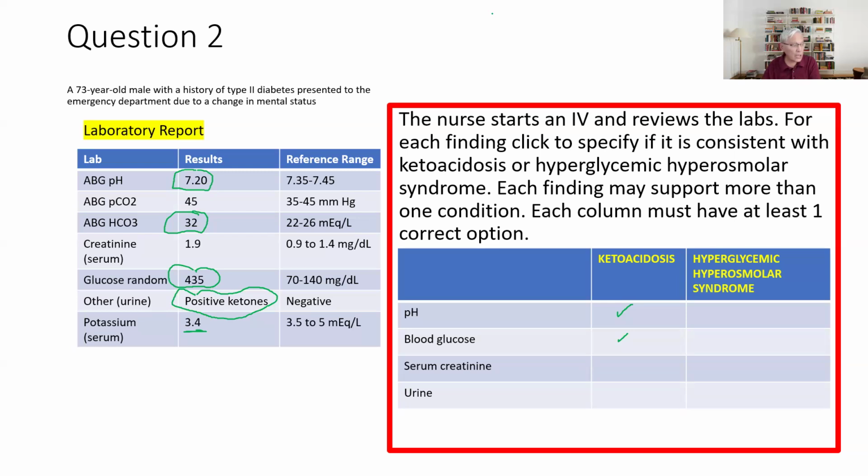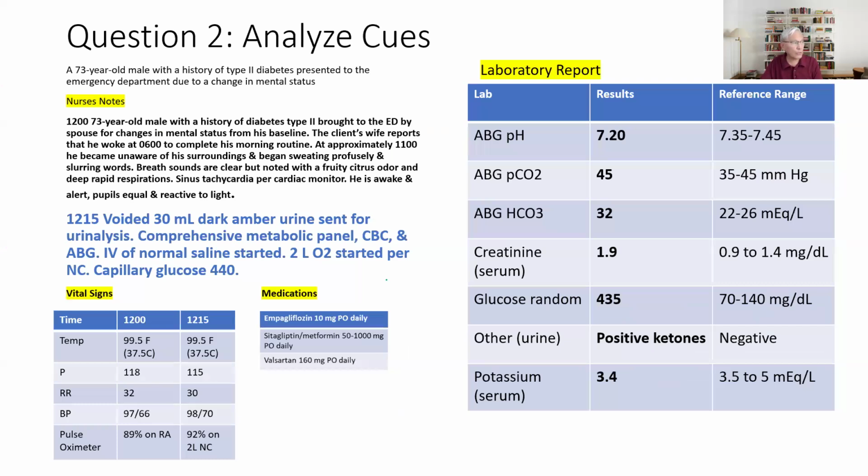Is there dehydration in ketoacidosis? Yes. And HHS? And the answer to that is yes. It is present in both, right? How about the urine is positive in ketones? This would be true for ketoacidosis, but not in HHS, right? It should be negligible. So this would be the correct answer to this question.